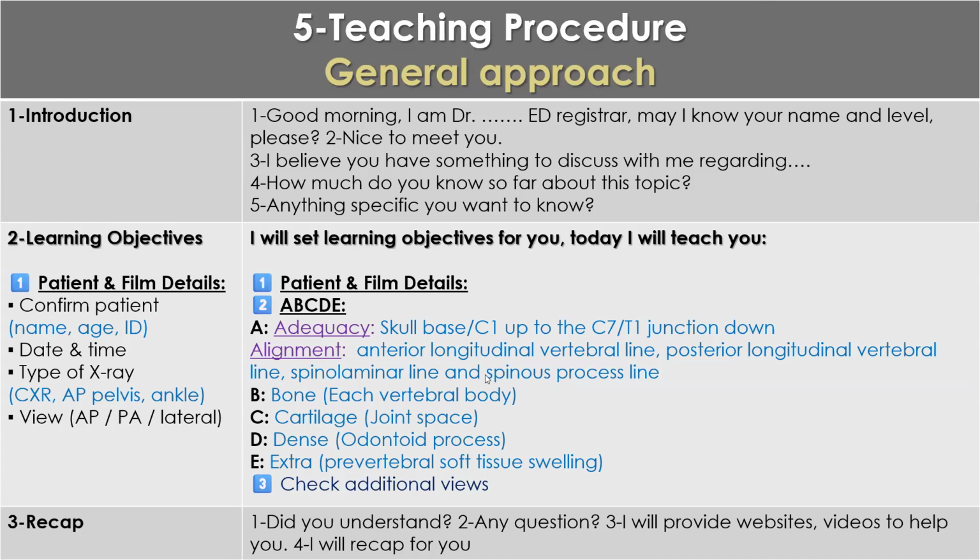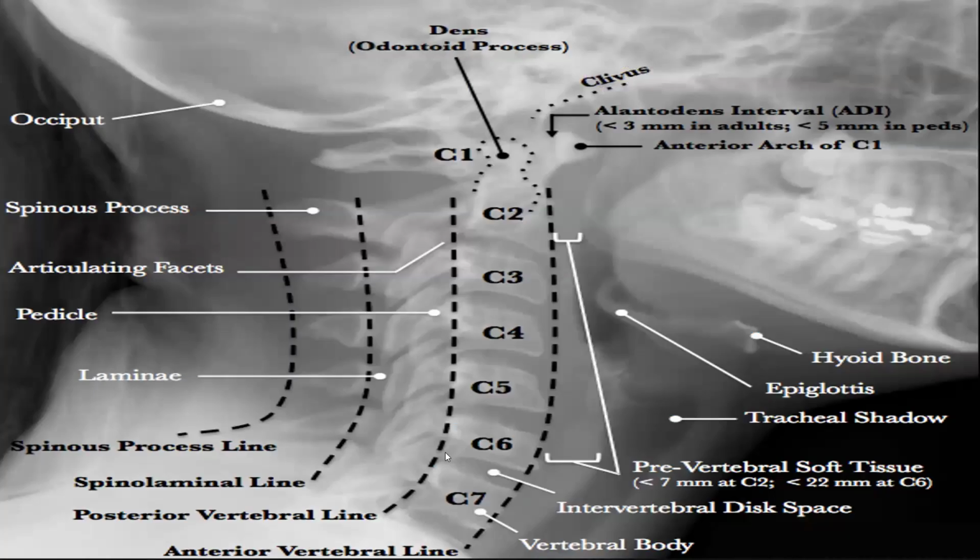Then we will go with the adequacy. That means the X-ray is adequate: the four borders of the X-ray are visible. In this case, cervical spine X-ray, the skull base above, the C7, T1 junction below, and at both sides the soft tissues. That means this X-ray is adequate.